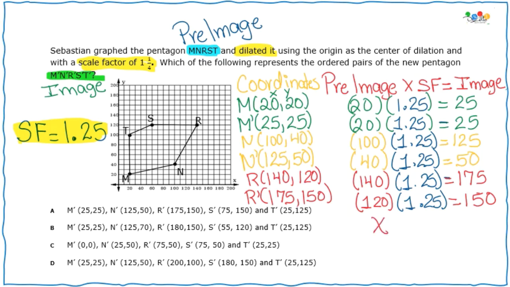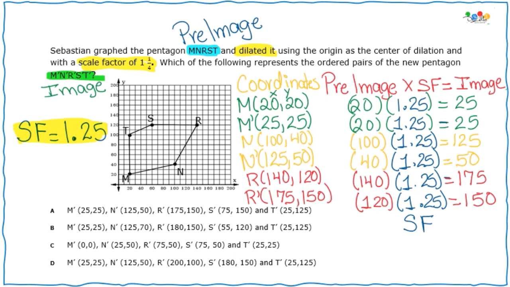I hope that you notice that through the whole problem, the only constant, the only thing that never changed, was my scale factor. My scale factor was always multiplying either X or Y, but it never changed.